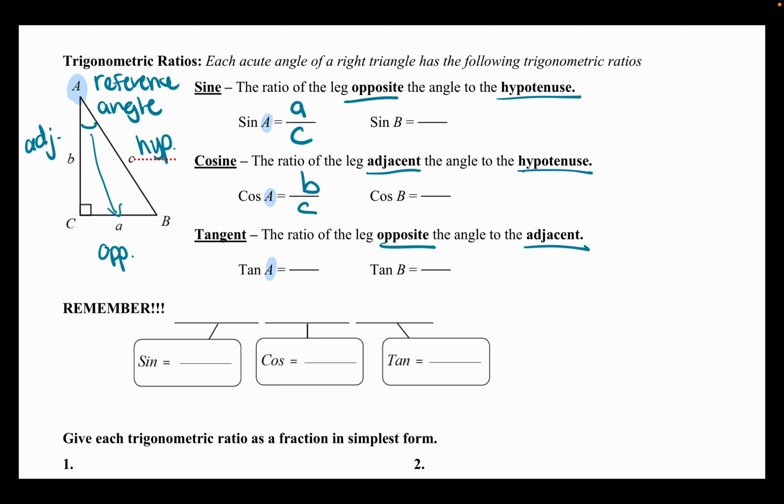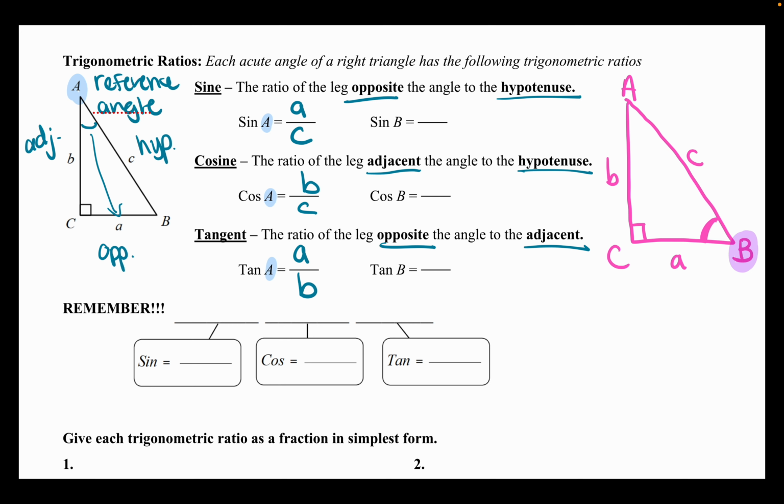But now if we look at the same triangle, but B is your reference angle, then that changes things. That now makes B your opposite.